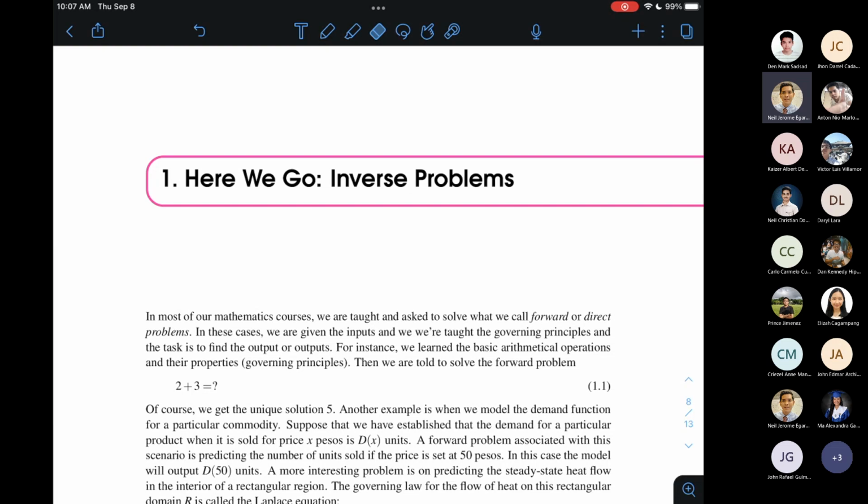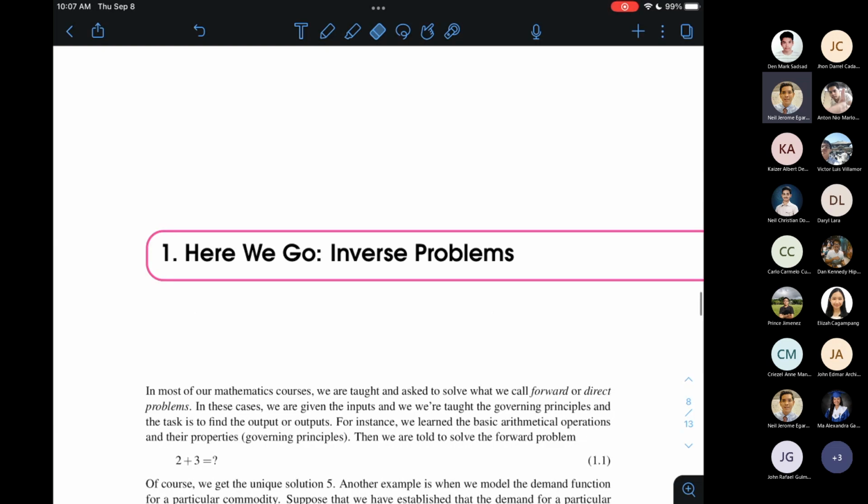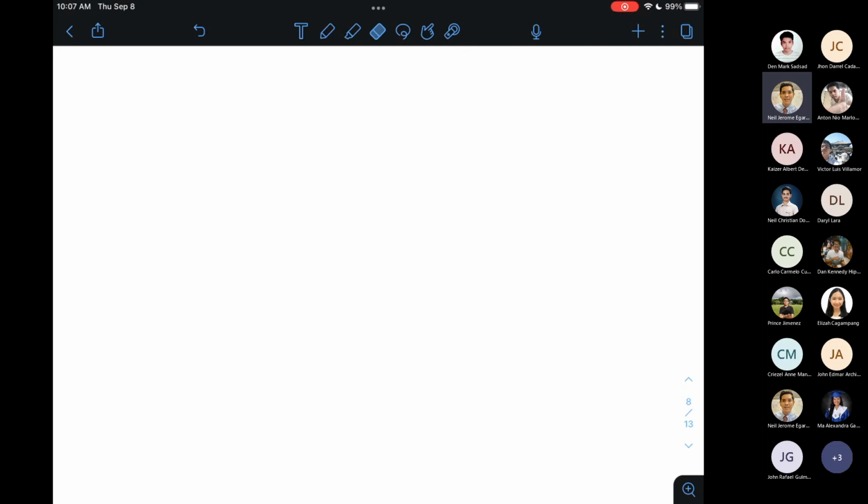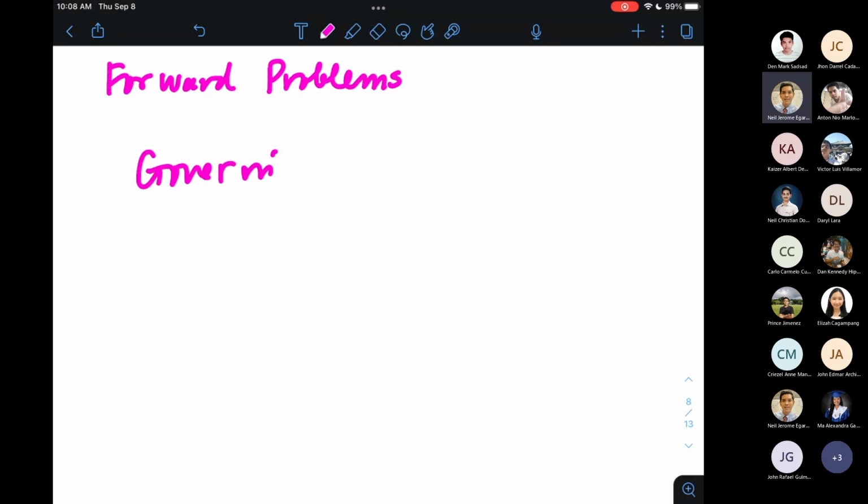Pero if you notice, this is just sort of a non-specialist introduction to what inverse problems are, because I said here na all throughout our mathematical careers, as students, encounter natin na yung mga tinatawag natin mga forward problems. Meaning what we do is, meron kang governing principle or equation. And then, given tayo ng mga inputs to that governing principle.